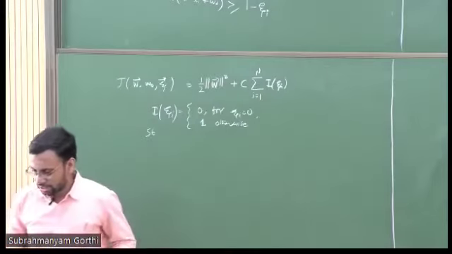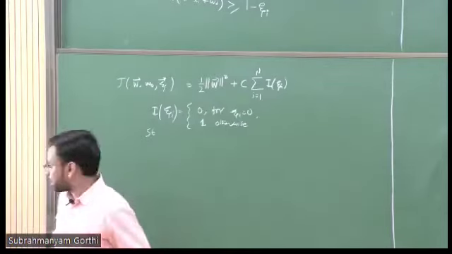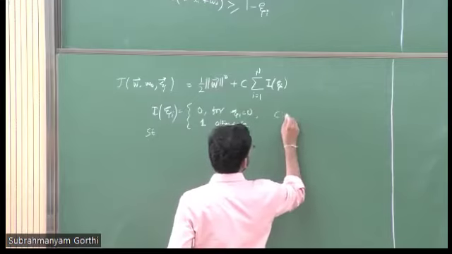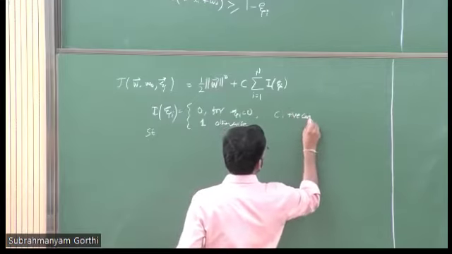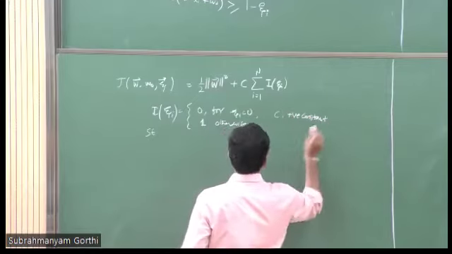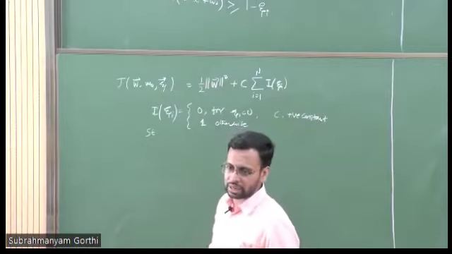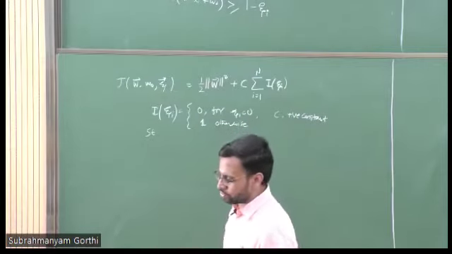C, by the way, is a positive constant. It cannot take any negative value, because that's essentially a weight you are giving, and that's what you are trying to minimize.